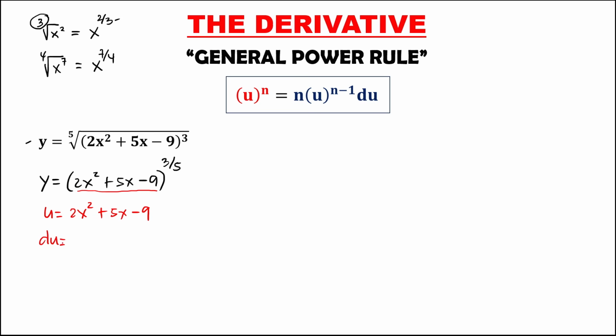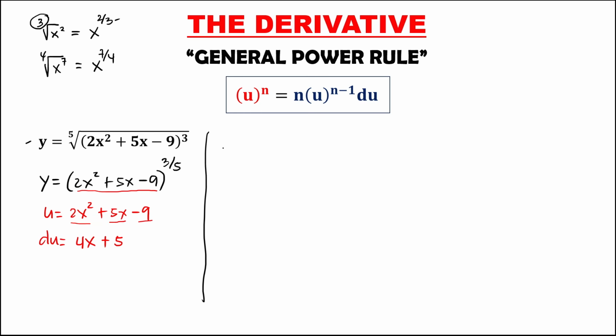Then for du, the derivative of u: the derivative of 2x to the power 2 is 4x, then plus the derivative of a constant and a variable, so this is the constant, and the derivative of a constant is 0. So du equals 4x plus 5.